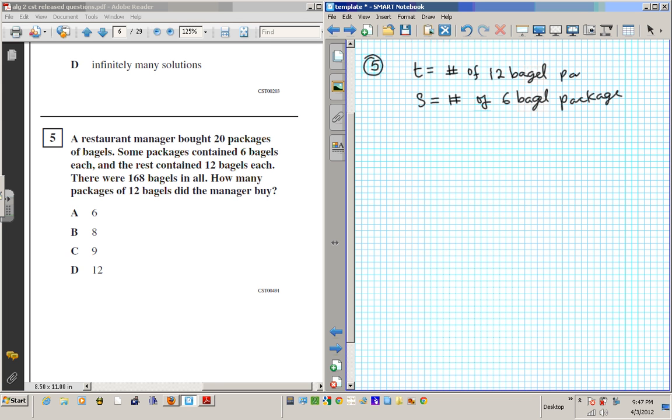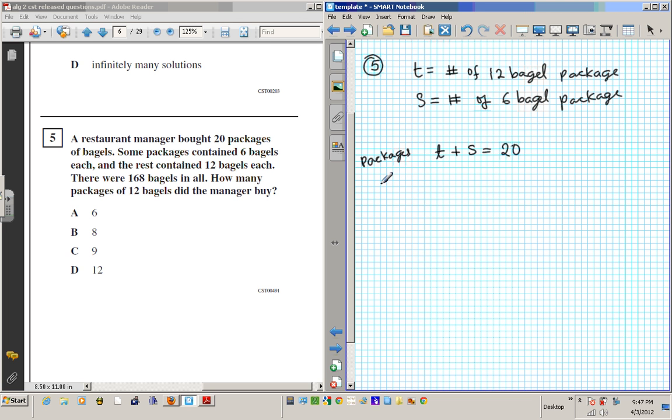The manager bought 20 packages, a combination of the 6 bagel and 12 bagel packages. So the first equation is T plus S equals 20. This is the equation for packages.